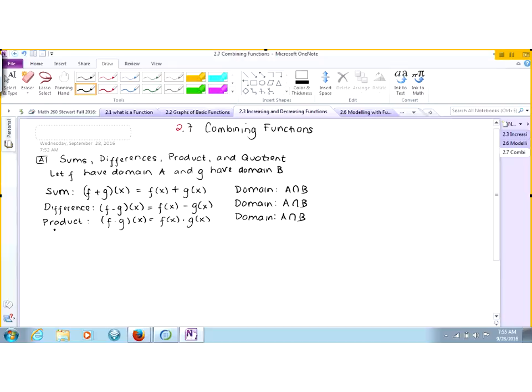Now the last one is the quotient, which is F over G of X is equal to F of X over G of X. Well, what do you think the domain would be?